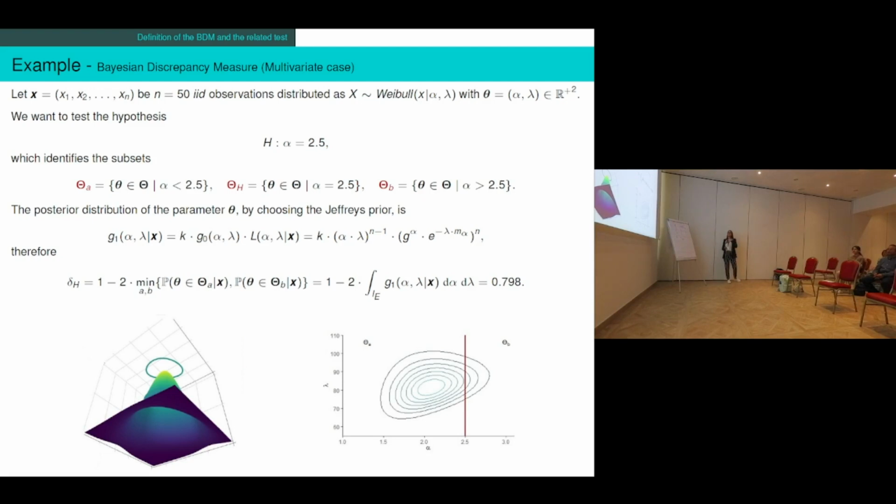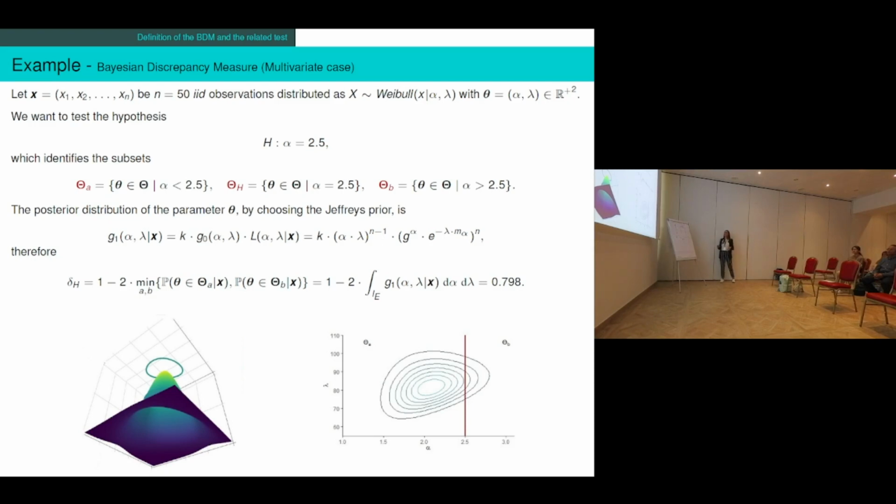We would like to test the hypothesis alpha equal to 2.5. So alpha is our parameter of interest, while lambda is the noise parameter. The hypothesis identifies these three subsets. This is the whole parameter space theta. Here I have theta A. The line is theta H, and theta B is this one on the right hand side.